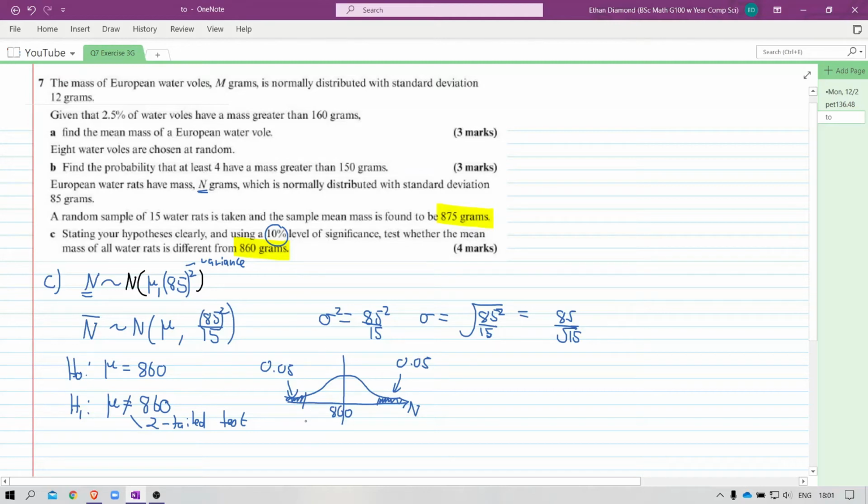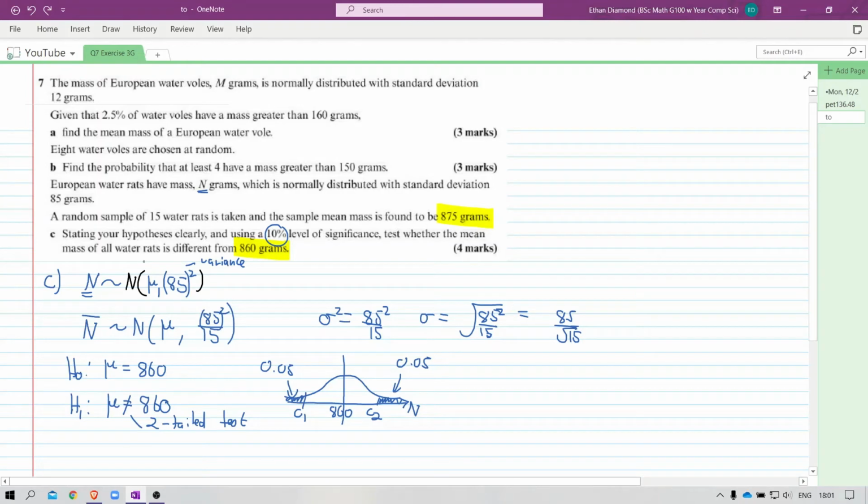Now we don't have to calculate the critical regions here. It's being nice, but if we did, then we get C1 on the left and C2 on the right. In this case, we're basically going to check where 875 is. If 875 is here, it's going to be critical because that's in the region, and if 875 is outside the region, so it's here, well, it's not critical.